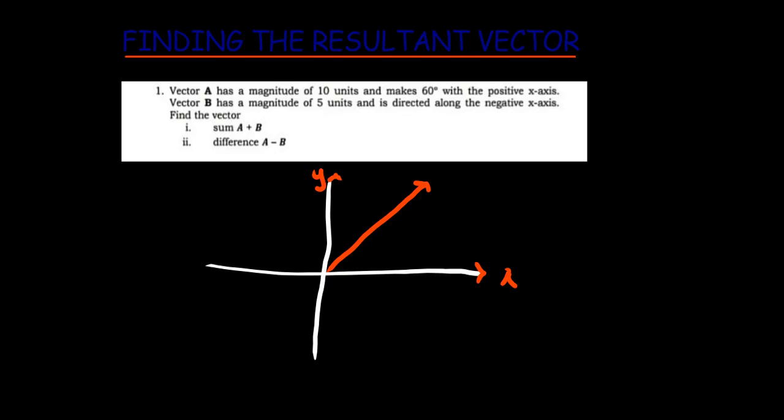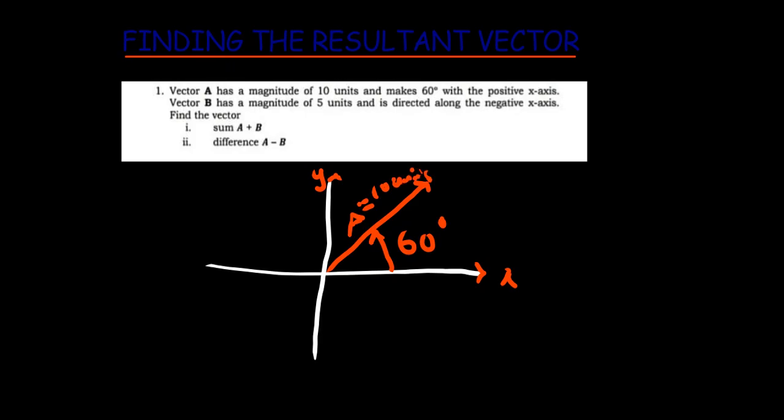To measure the angle, we move from the positive x-axis till we meet that vector. This is the angle here, and that angle is 60 degrees, and here is our vector A. So this vector A is 10 units.